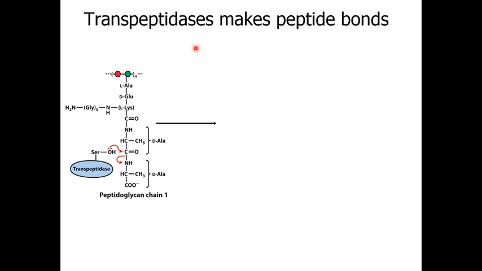For example, Staph aureus is a gram-positive bacterium that has this kind of a peptide structure in its peptidoglycan. As you can see, there are five amino acids in this peptide: L-alanine, D-glutamate, L-lysine, D-alanine, and D-alanine.